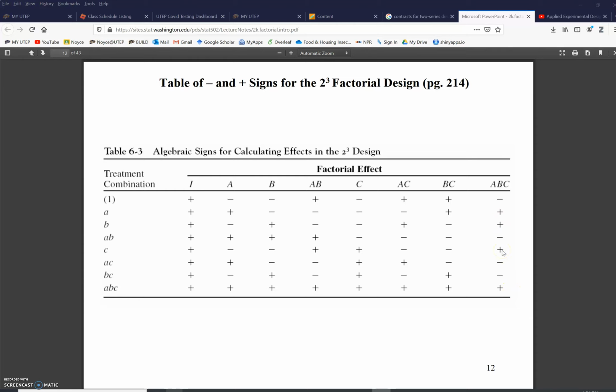Then you subtract off the negative effects. So first the full grand mean, then AB, AC, BC. So that's how we'd estimate that particular effect. And what would we be applying the pluses and minuses to? Specifically those coefficients from the model.